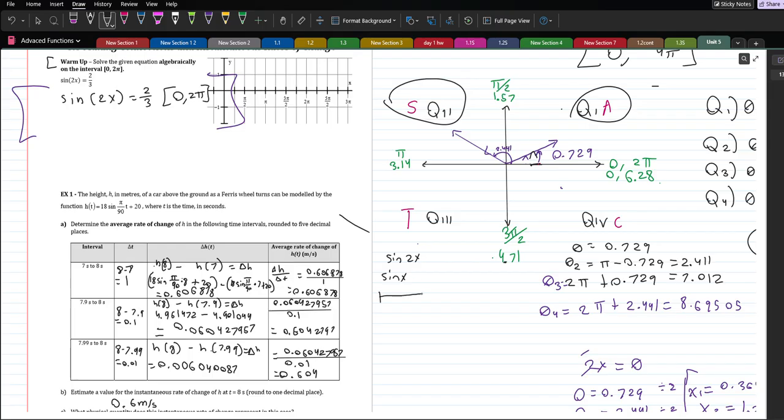Sine of 2x finishes this much of a distance in 3 seconds. I just write sine of 2x takes 3 seconds to run this distance. Sine of x runs this far in 6 seconds.